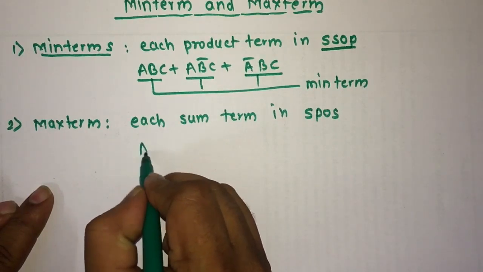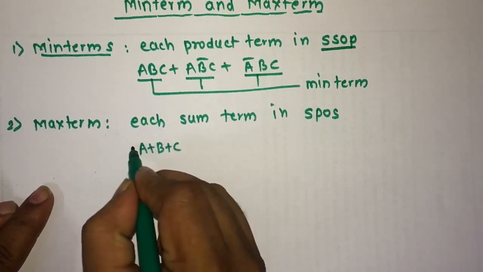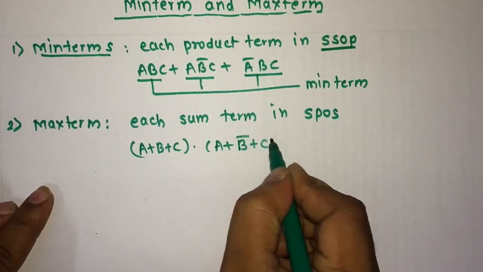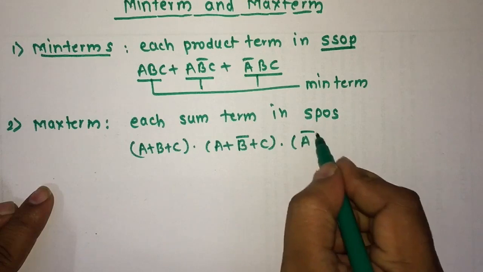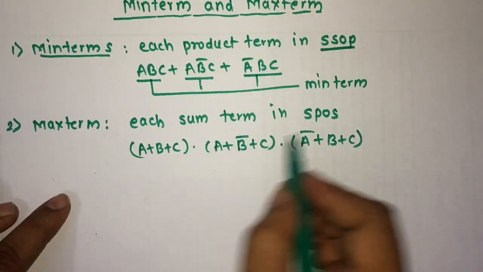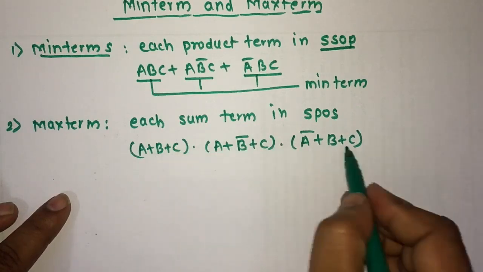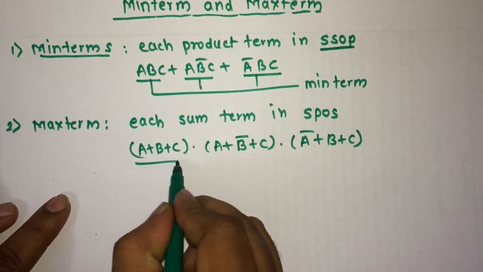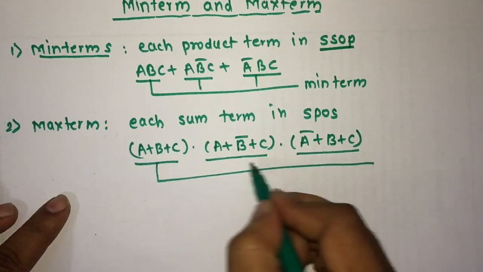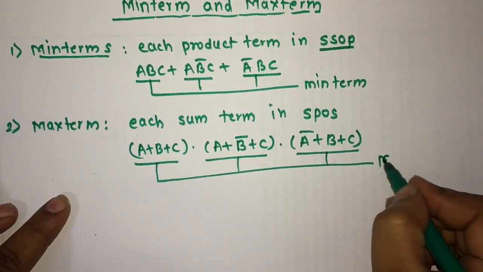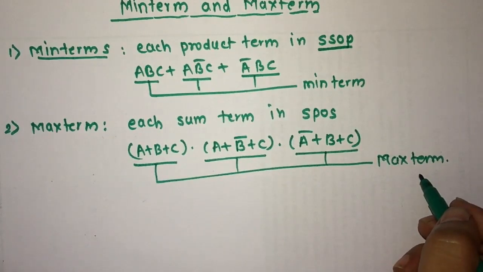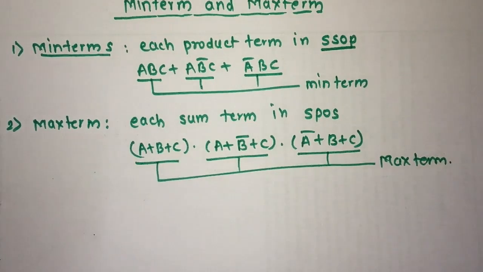Suppose for example (A plus B plus C) into (A plus B bar plus C) into (A bar plus B plus C). Now this equation is in standard POS form because each sum term consists of all literals. So how many sum terms are there? Total 3 sum terms, and these sum terms are referred to as maxterms in the digital world.